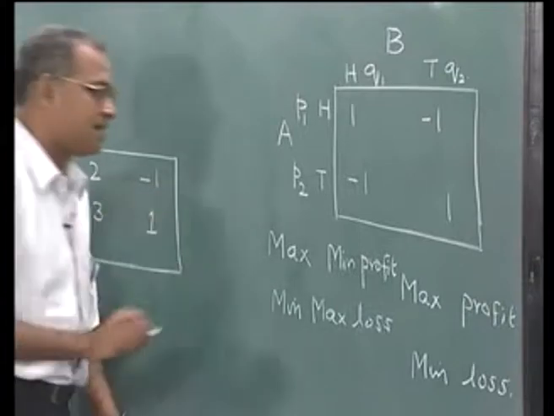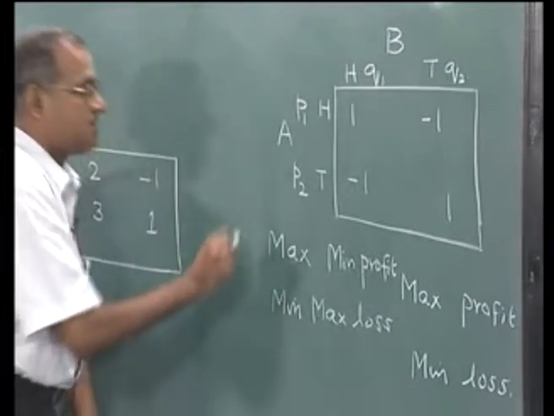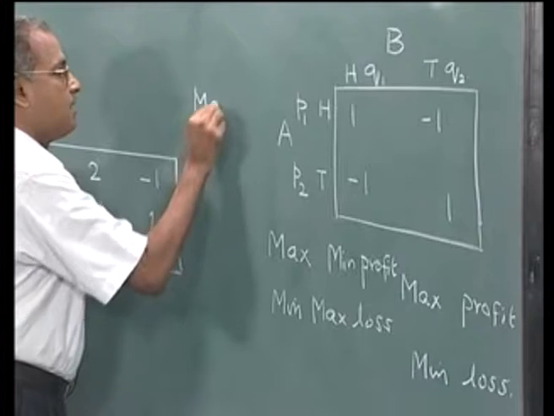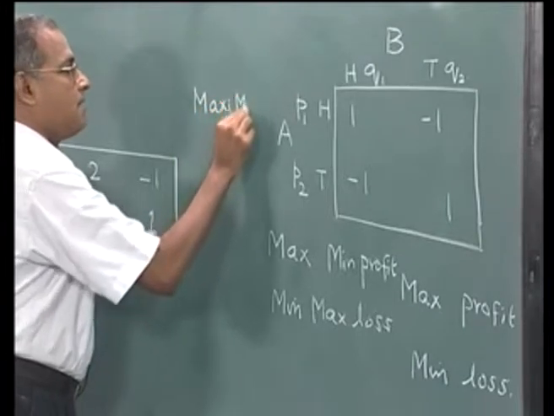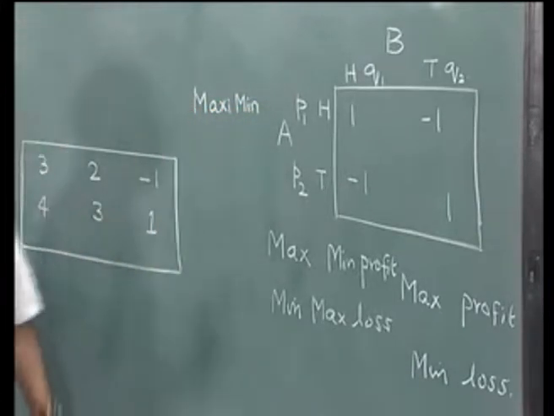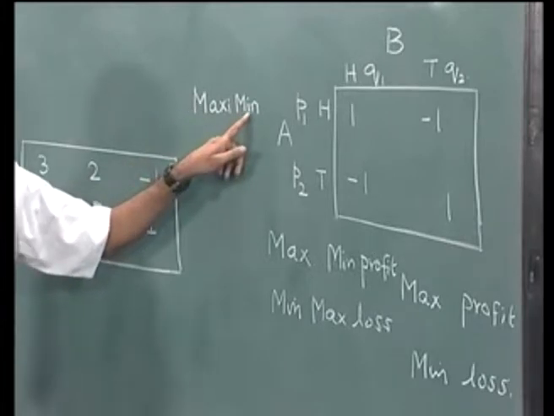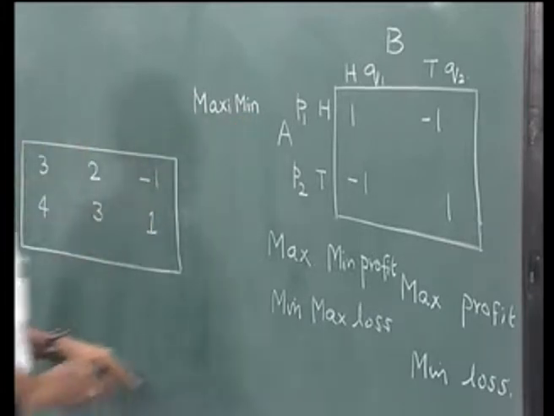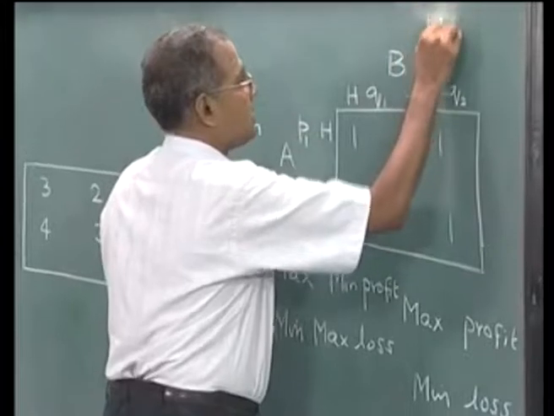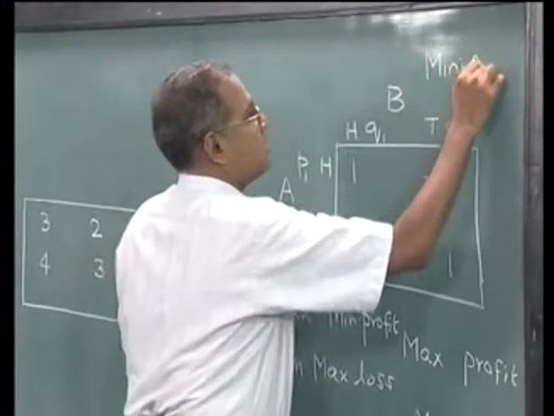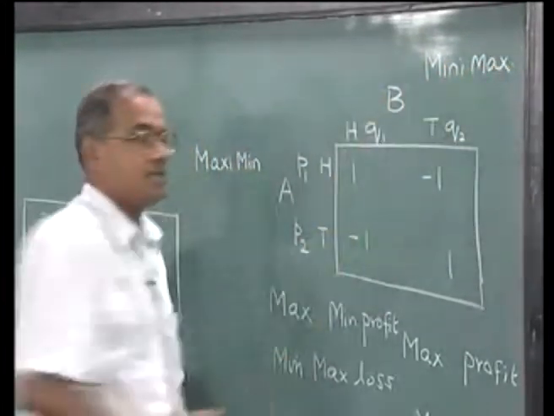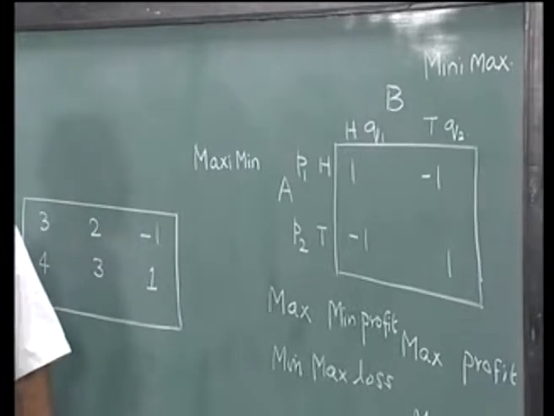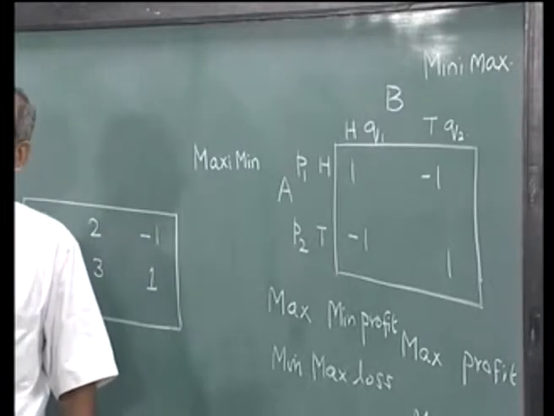So, A's strategy is called a maxi-min strategy, which means A will try to maximize the minimum profit that B will allow A to get, and B's strategy is called mini-max strategy, where B will minimize the maximum loss that A is trying to inflict on B.